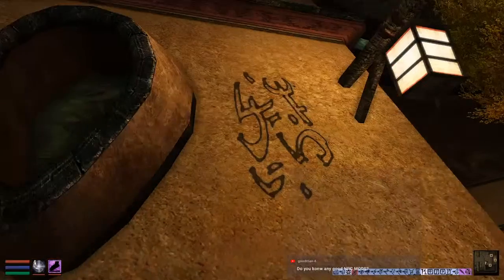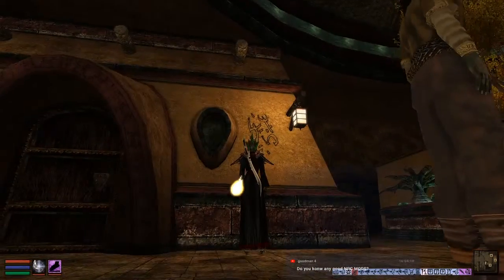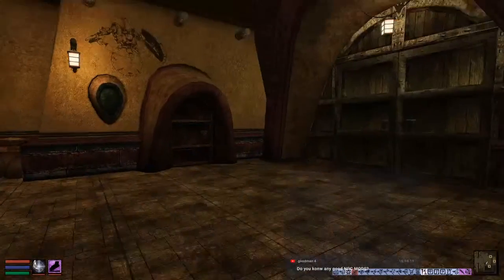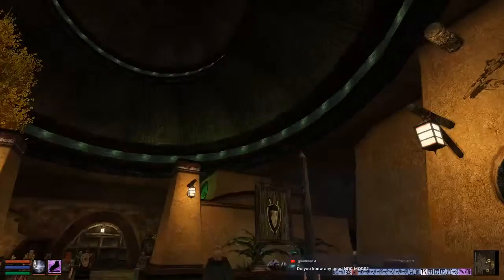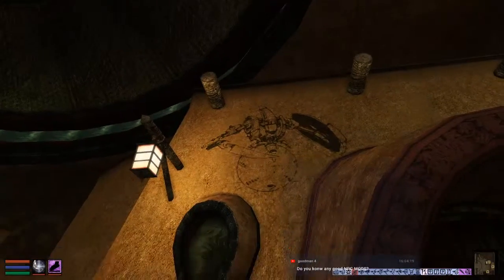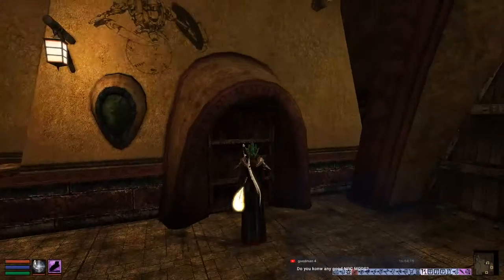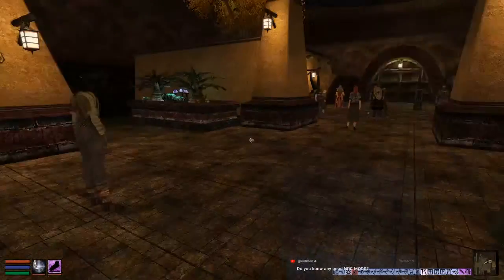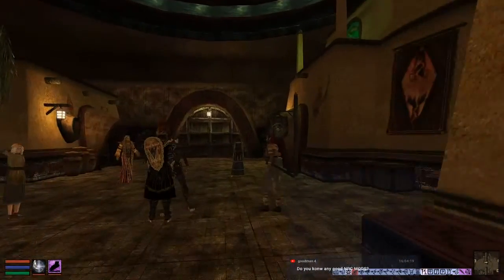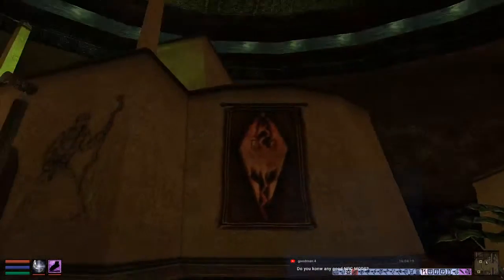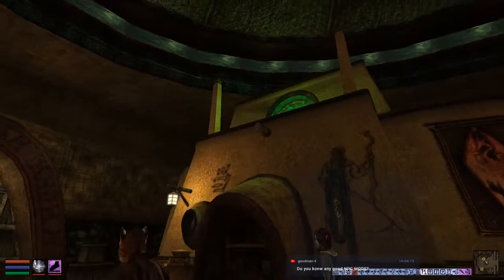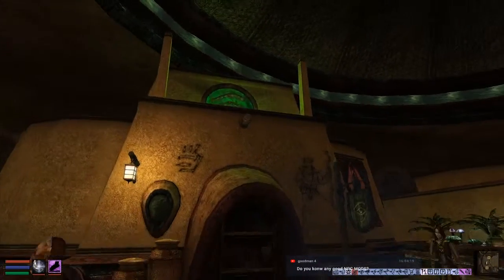First time I see this nice graffiti mod here in the main plaza. And this is our Mages Guild with the beautiful window.